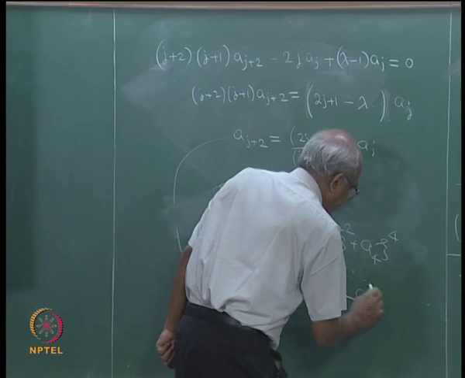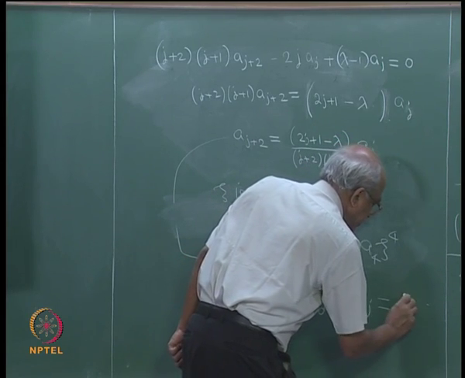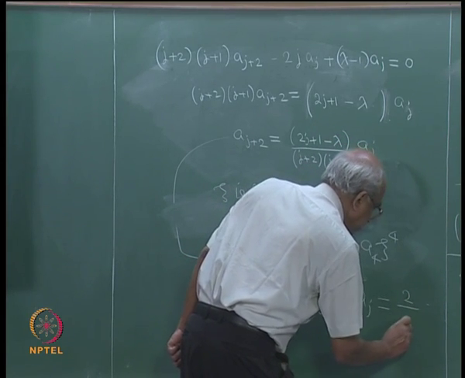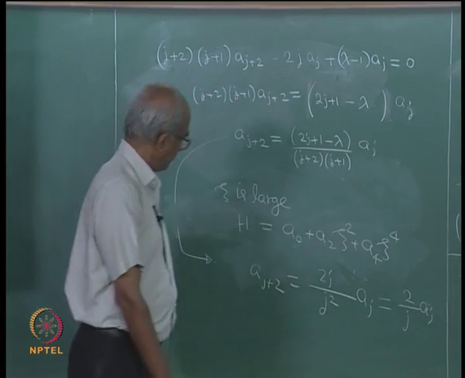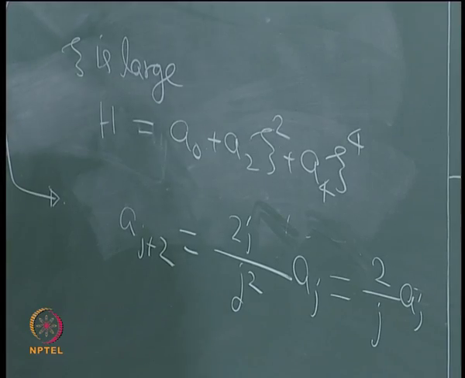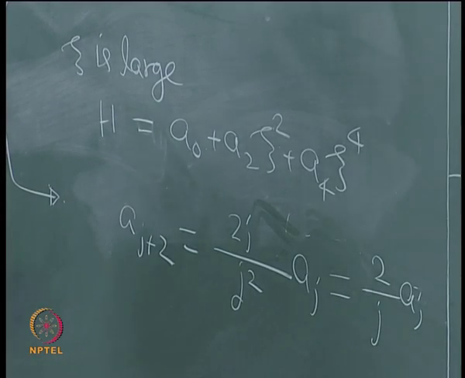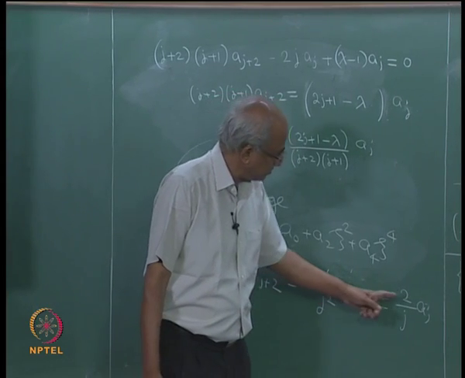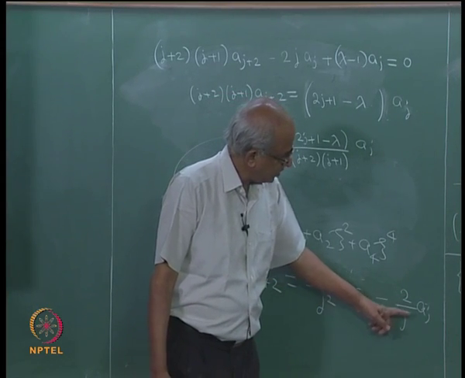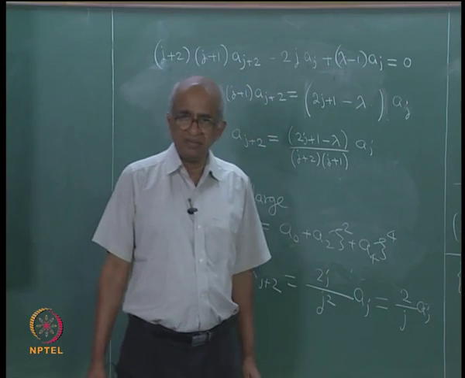And therefore, this recursion relation becomes 2 divided by J into AJ. So, for large values of J, this recursion relationship actually becomes simple. It simply says that AJ plus 2 must be equal to 2 divided by J into AJ.